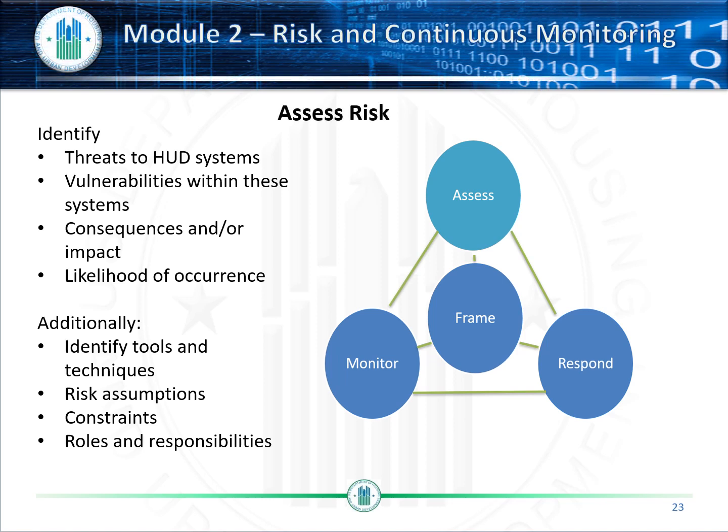The second component of risk management addresses how organizations assess risk within the context of the organizational risk frame. The purpose of the risk assessment component is to identify threats to organizations, such as operations, assets, or individuals, or threats directed through organizations against other organizations or the nation.